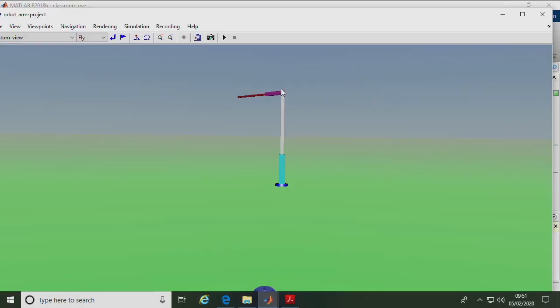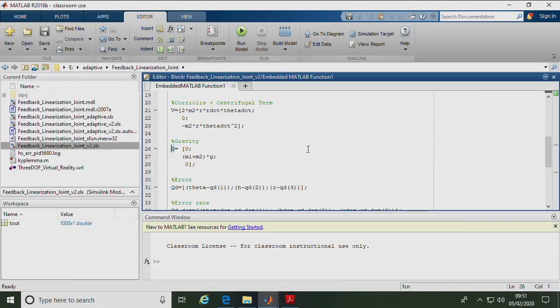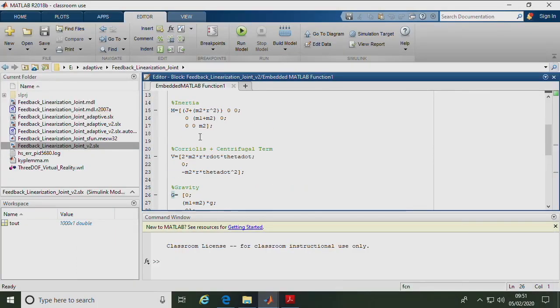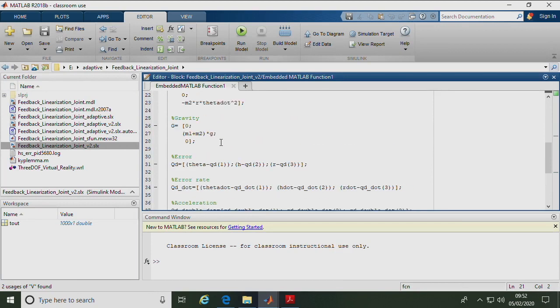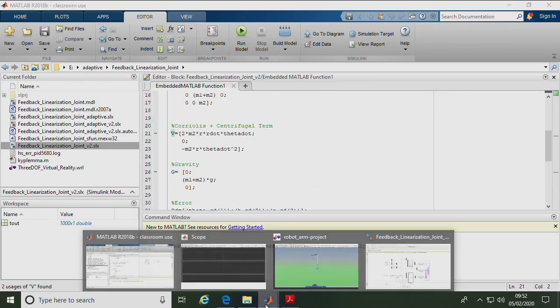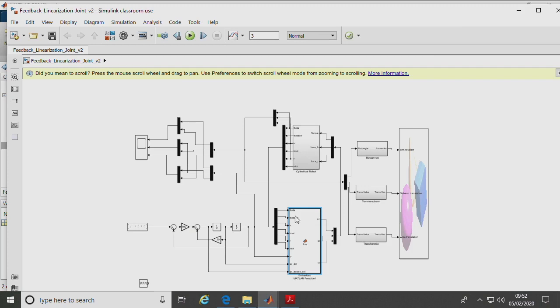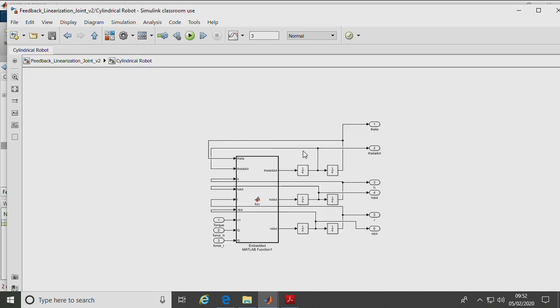So we have a mass there, a mass there, a rotational degree of freedom, which is our theta, and an h which brings us upwards. These are the three: this is the matrix, this is V_m times q dot, and that is G. This creates the robotic system.